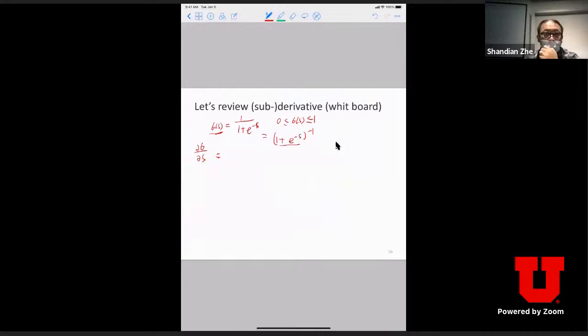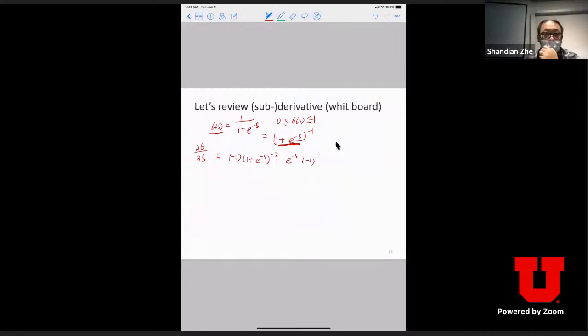You move the power in front of it, subtract the power by 1, which will be minus 2, and then you take the partial derivative of 1 plus e to the minus s. That is e to the power minus s, and then taking the partial derivative of negative s ends up with minus 1.